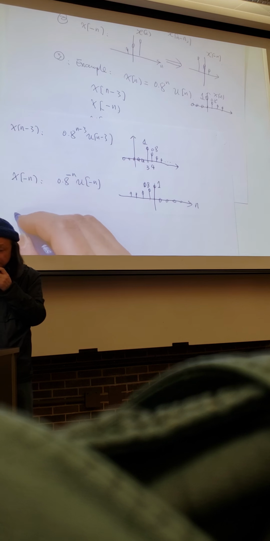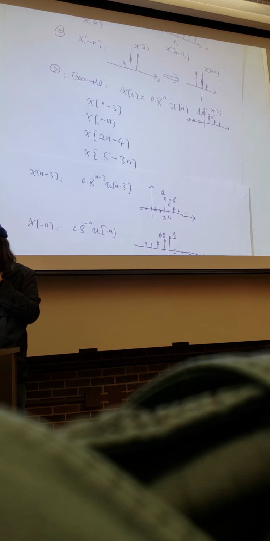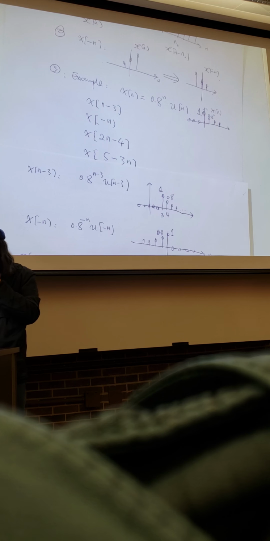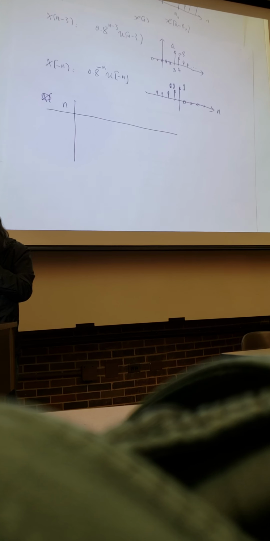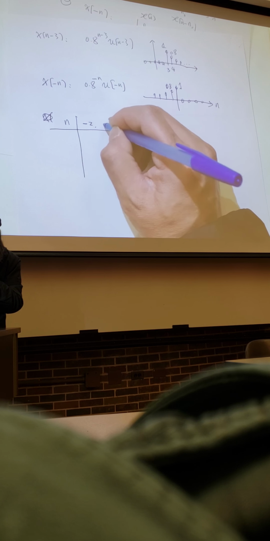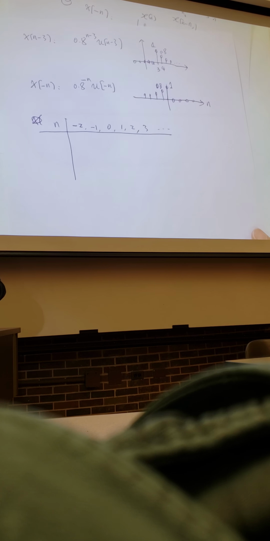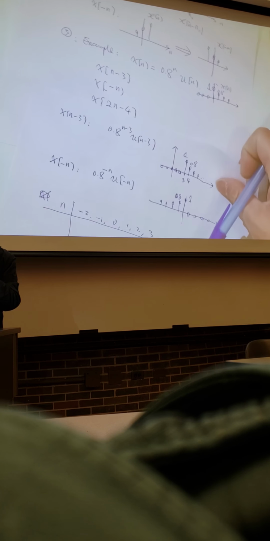And for these other two, you need to work like this. You put n values, for example negative 2, negative 1, 0, 1, 2, 3. Then I check the first one, 2n minus 4.